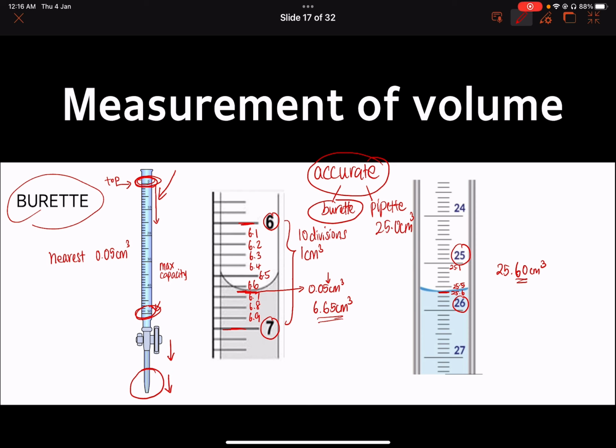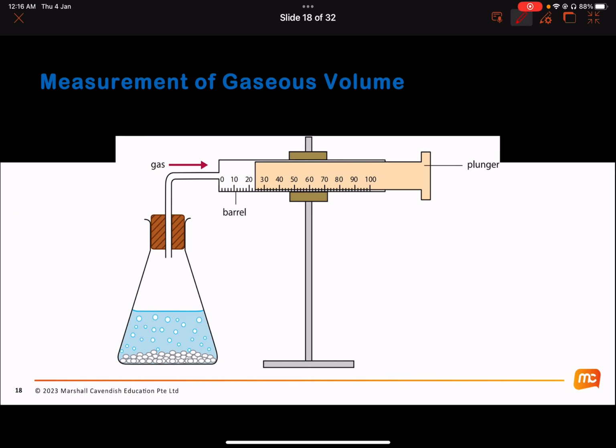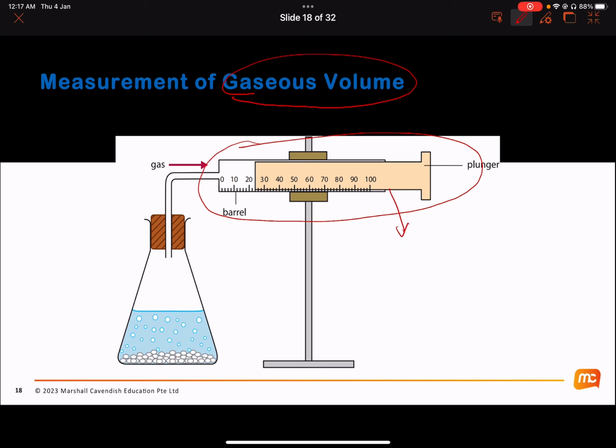The last instrument is an instrument to measure gaseous volume. I think most of you are very familiar with that. We can measure gaseous volume by using what we call a gas syringe. So this is how a gas syringe looks like.